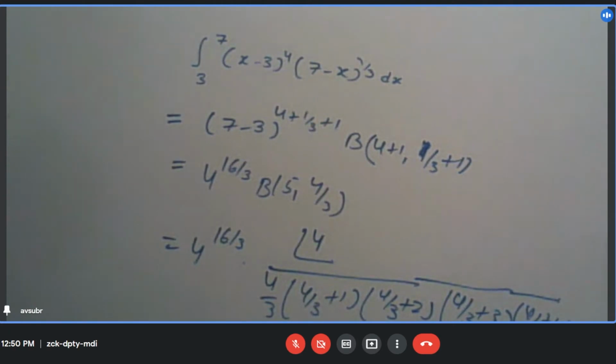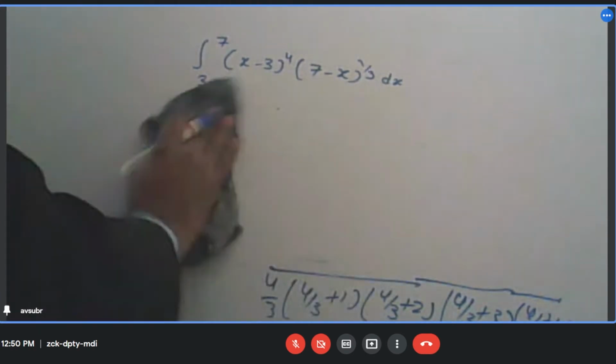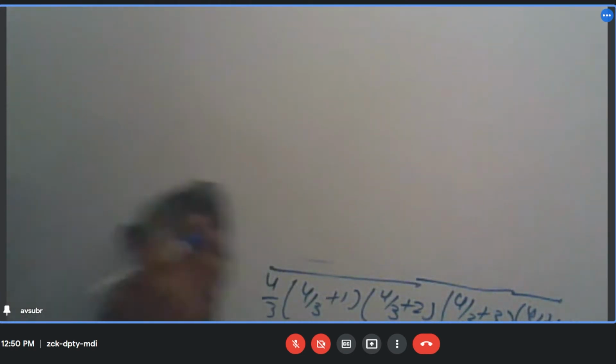You can solve it and that will be the result. Quickly solve and tell me what comes. Keep 4 to the power 16 by 3 as it is, and do the rest.